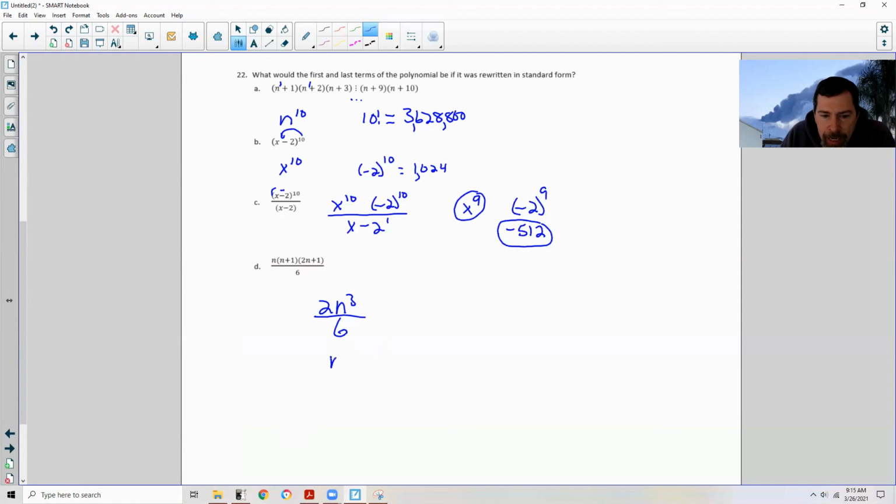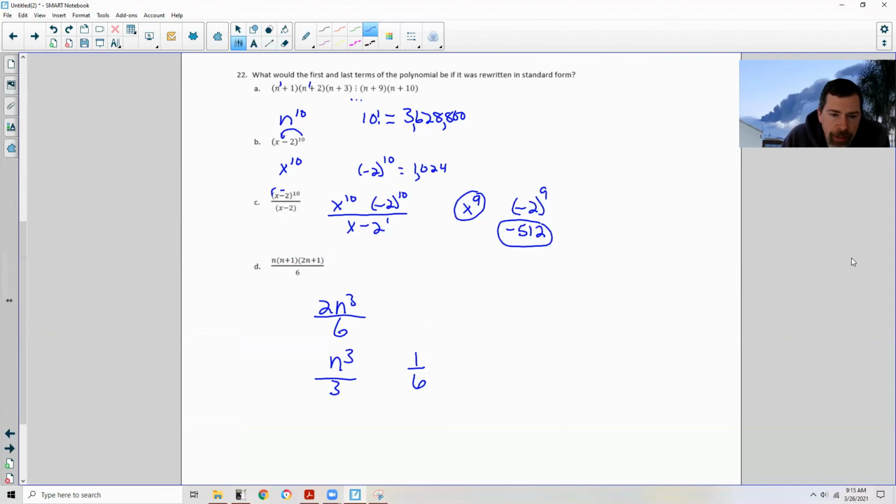So that would be n to the 3rd over 3. I had to give that some thought here. Okay, n to the 3rd over 3, or 1/3 n cubed. My last term is going to be 1 times 1, which is 1 divided by 6, or 1/6. Okay, so there's that.